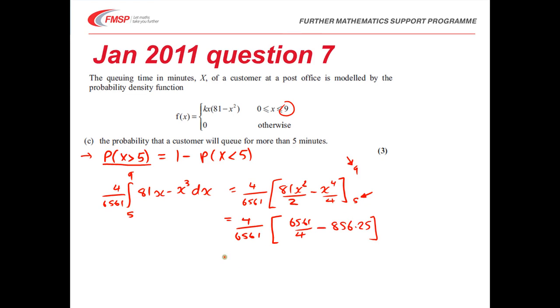Okay, and that's going to give me a value, once I work it all out, of 3136 over 6561. So you get 3 marks for this. Okay, the first mark is for setting up an integration. Substituting your values in gives you your accuracy mark, and then your final accuracy mark for getting the correct answer.